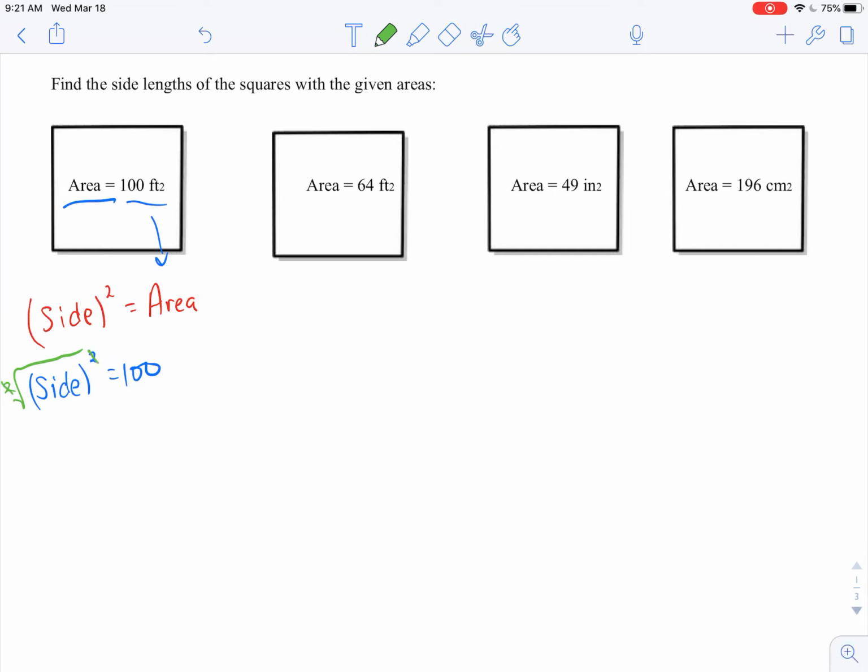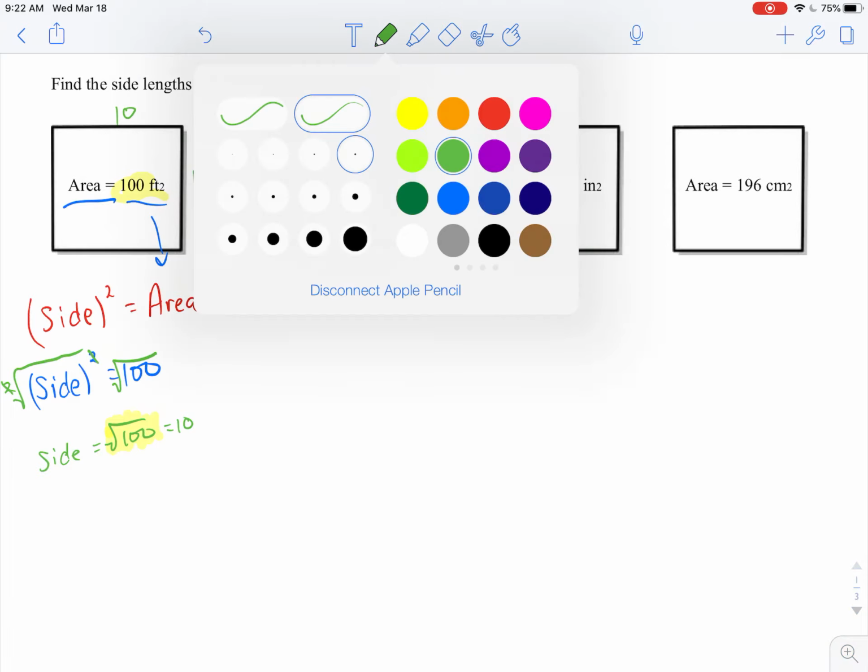So the square root cancels with the square, and now the square root of 100 is going to be our side length, which is just 10. So I know these side lengths are 10. So all we're doing in the end here is taking this area and square rooting it to find the side length.